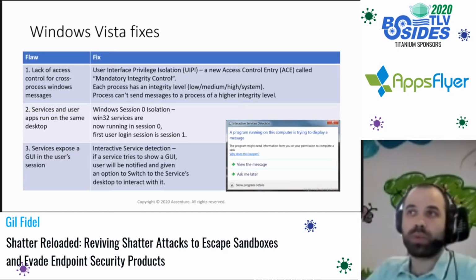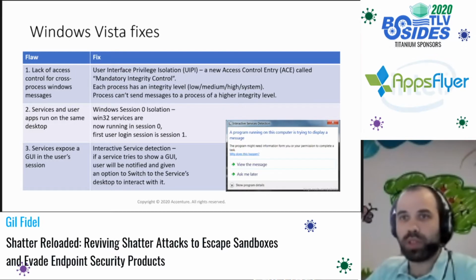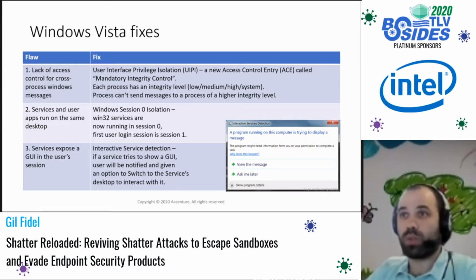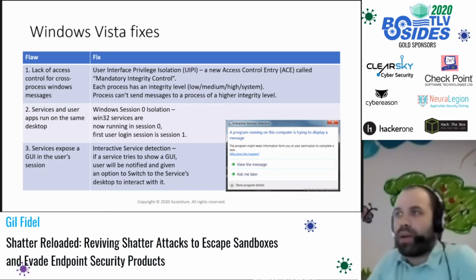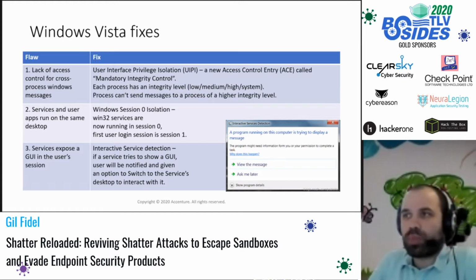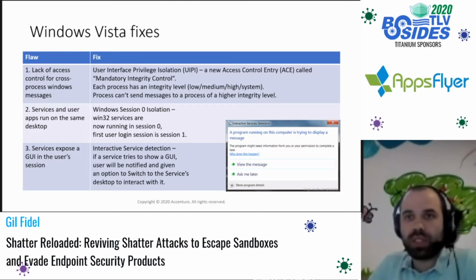And so with Windows Vista, most of those issues were fixed. Microsoft introduced the so-called UIPI, User Interface Privilege Isolation, which basically added a new label to each process. It could be either low, medium, high, or system. Medium was the default one used for non-elevated processes.